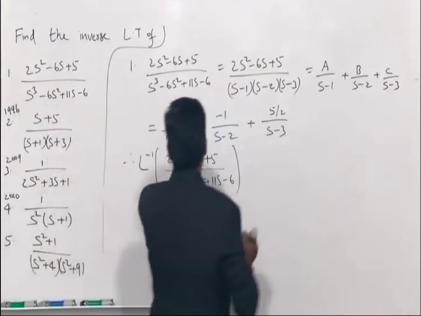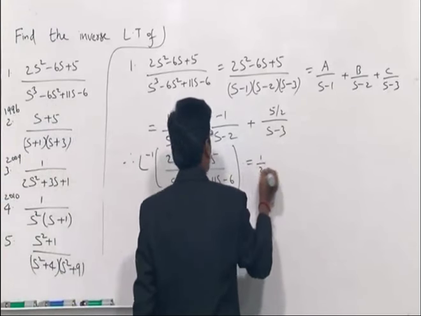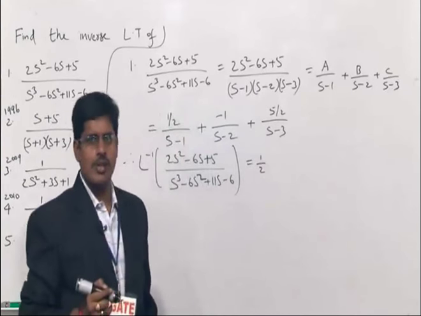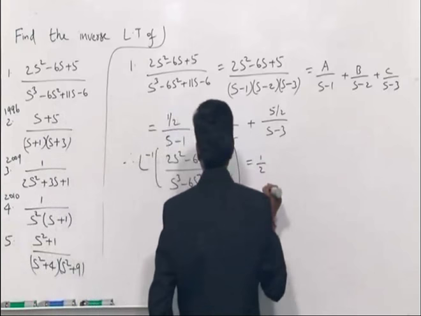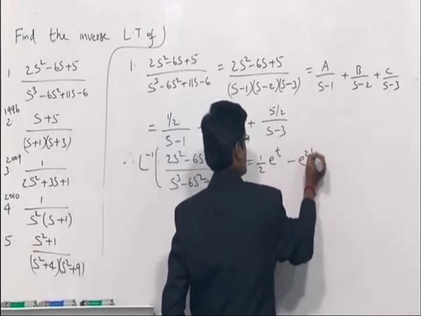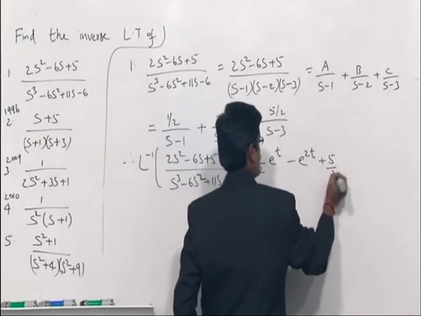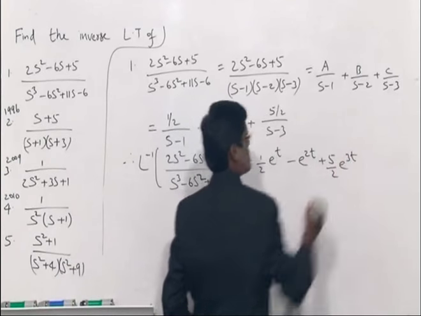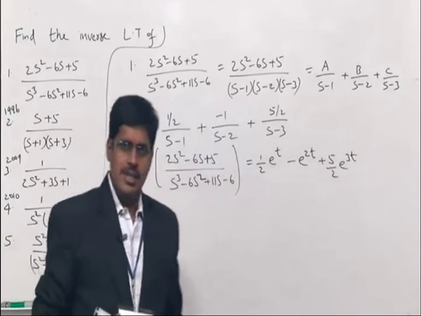Now keep the constant outside. Each is in the form of 1 over s minus a. L inverse 1 over s minus a is e power at. A is equal to 1, 2, 3. So first one is exponential t minus exponential 2t plus 5 over 2 exponential 3t. This is the answer. So this answer is correct or not?